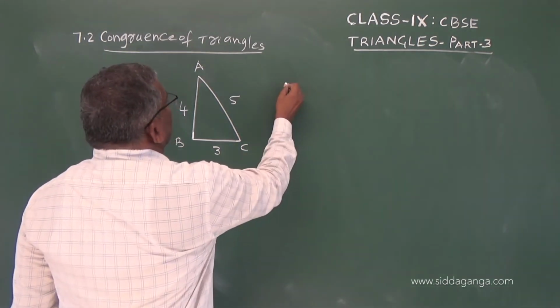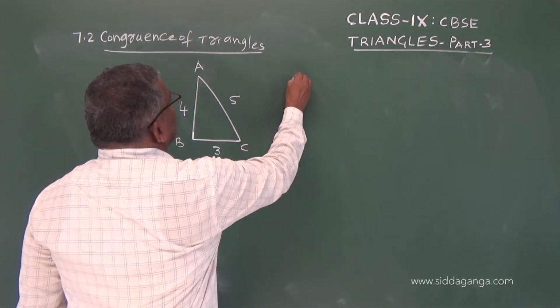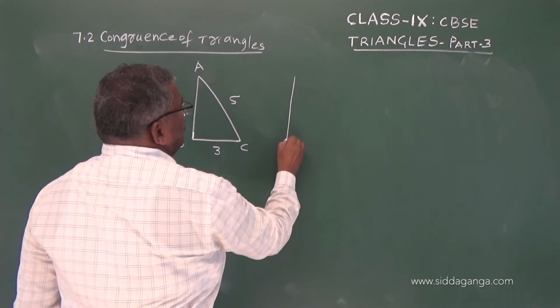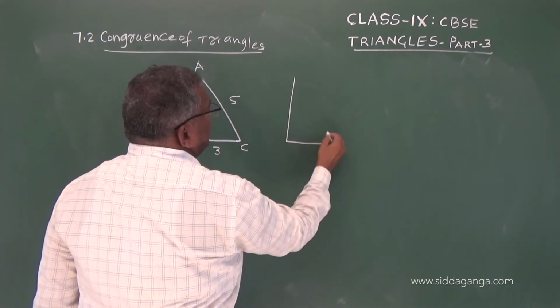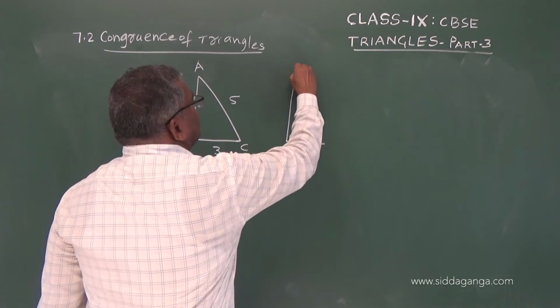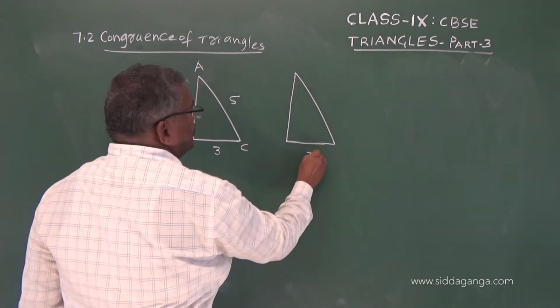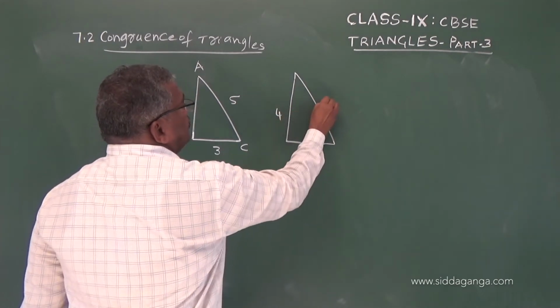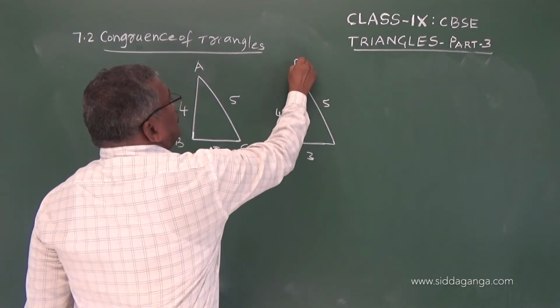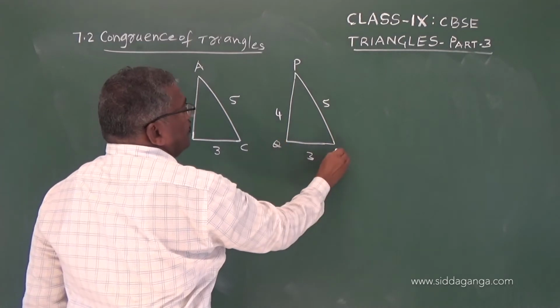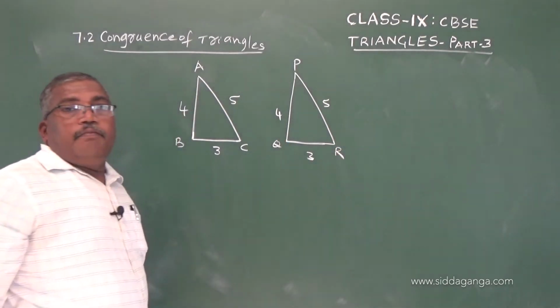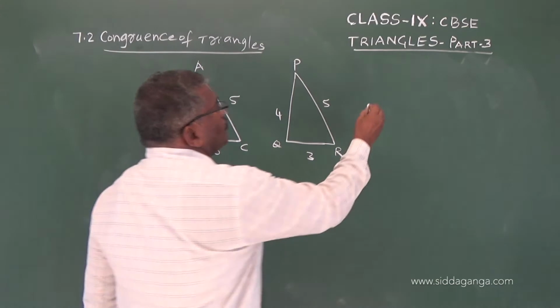And another triangle of similar shape and size. So this is 3 centimeter, 4 centimeter, 5 centimeter, but it is PQR.